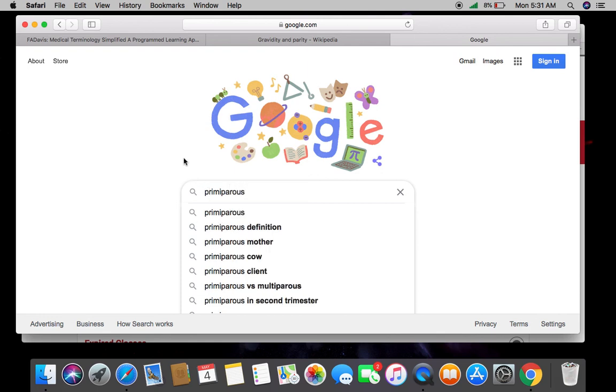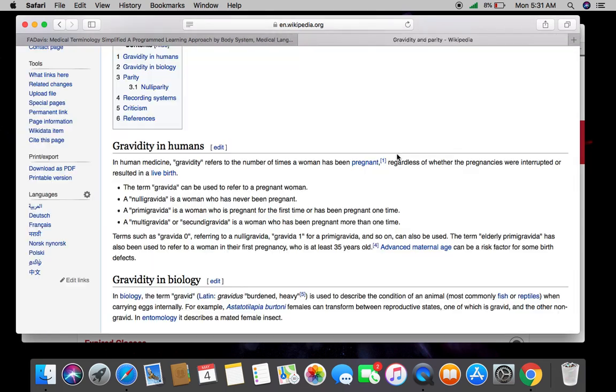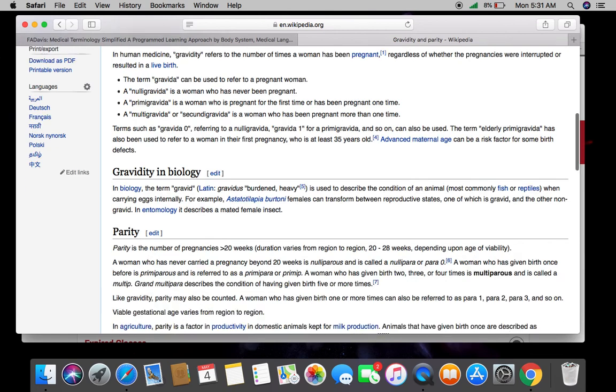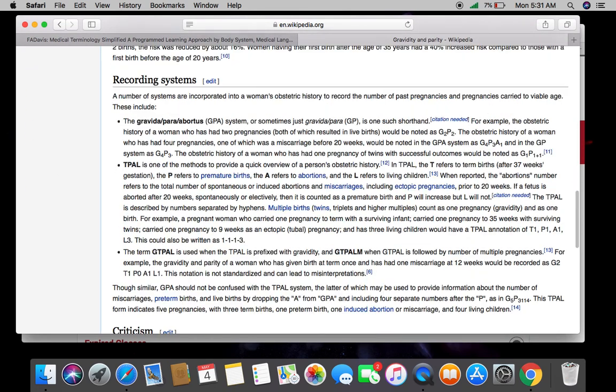That's a person who's delivering post 20 weeks for the first time. And multiparous, that's mommy who's delivered more than once a baby greater than 20 weeks age of gestation. Okay? Now, gravida, parity. Where's the telephone code?